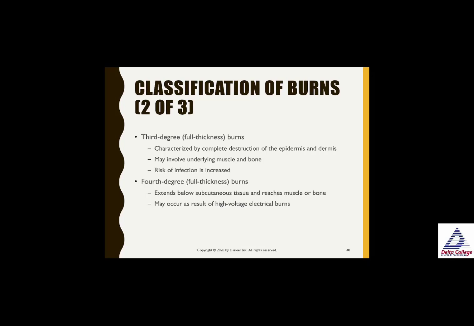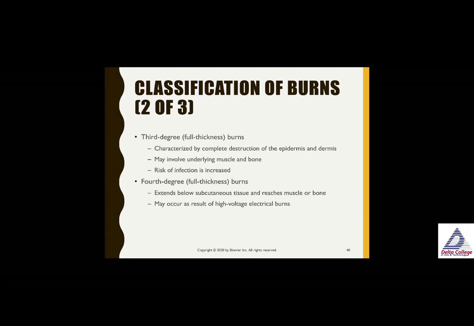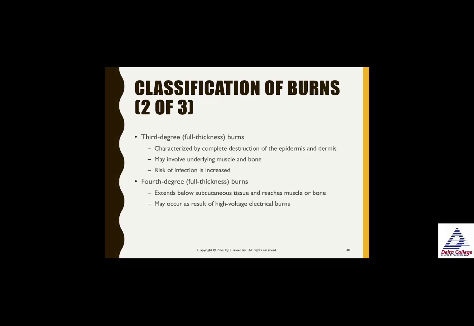Then we have our 4th degree. These are full thickness burns as well. These extend below the subcutaneous tissue. It reaches the muscle or bone, and usually full thickness burns of 4th degree are a result of high voltage electrical burns or just extremely, extremely deep.